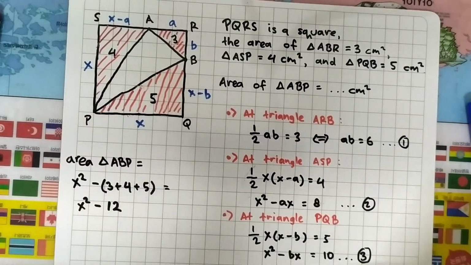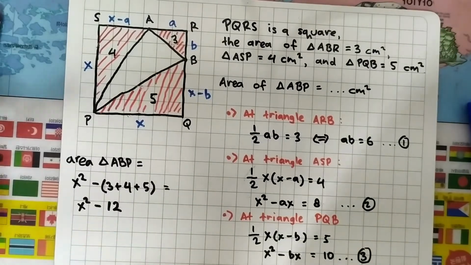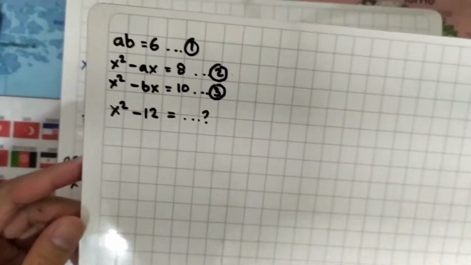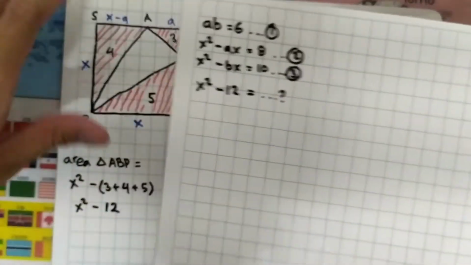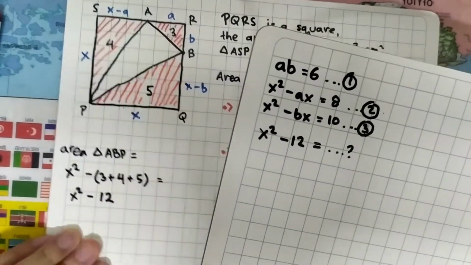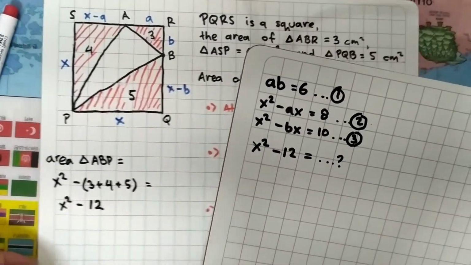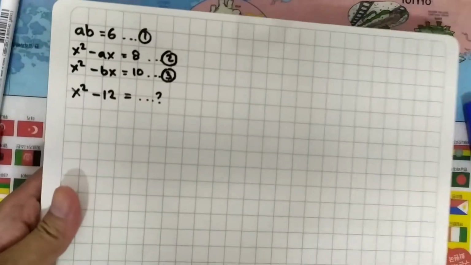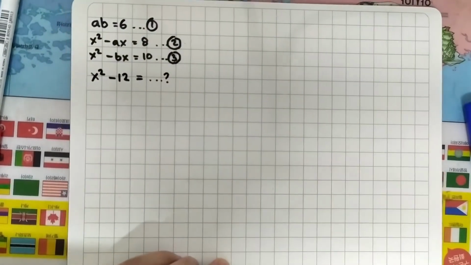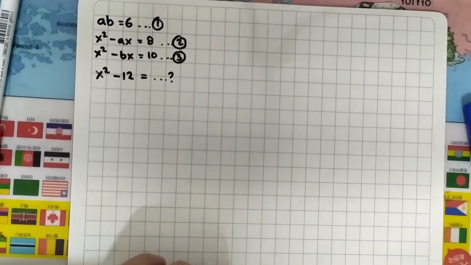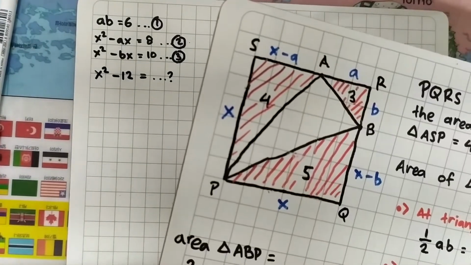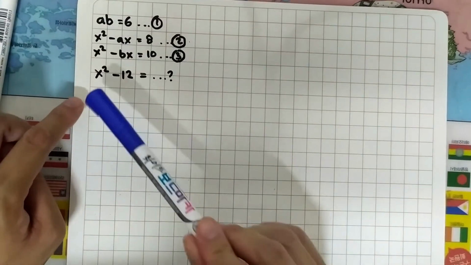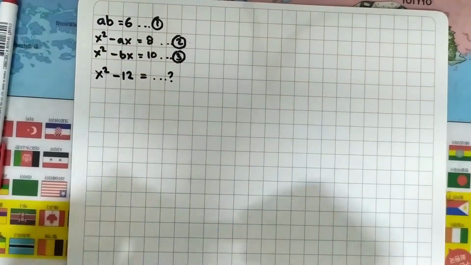Okay, now I have some idea, and let's replace this board with another board. So I copied the 3 equations here, so we can have a clean board, and let's save this board to see later. Okay, now we have the mathematical model of the square, and the question now becomes how to find x squared minus 12 from these 3 equations.